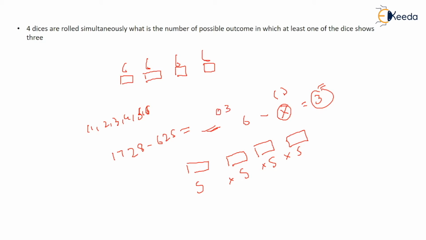So subtracting 625 from 1296, you will get 671, the total number of cases where such a thing happens. Okay, so this is how you need to do it.